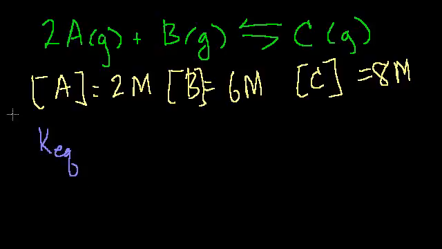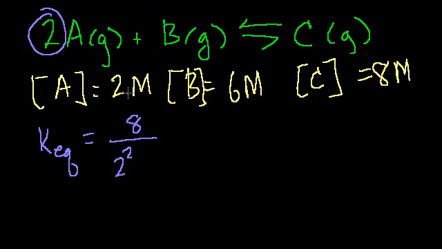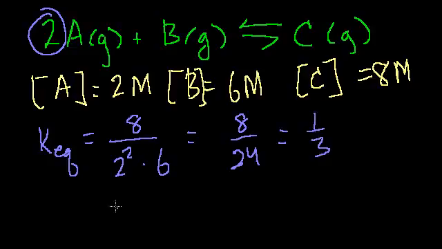The equilibrium constant is the concentration of C, 8 molar, divided by 2 molar squared, because of this 2, times 6, which is 8 over 4 times 6, or 8 over 24, which is equal to 1/3.